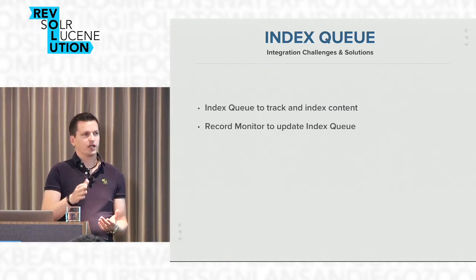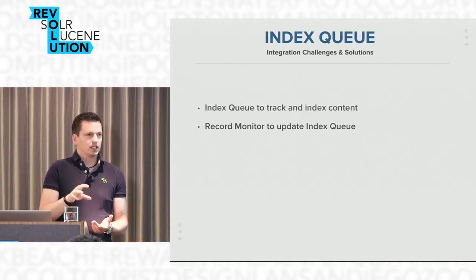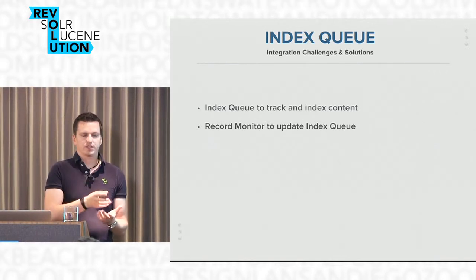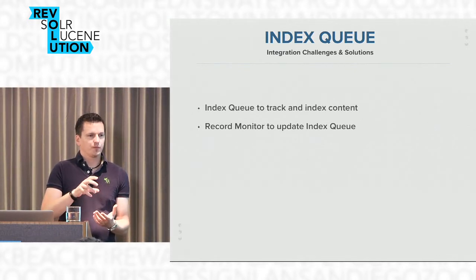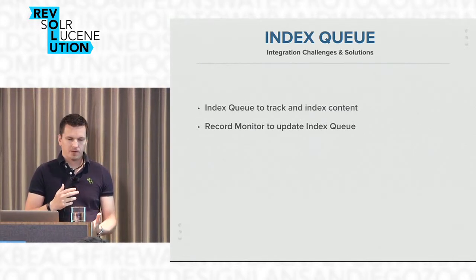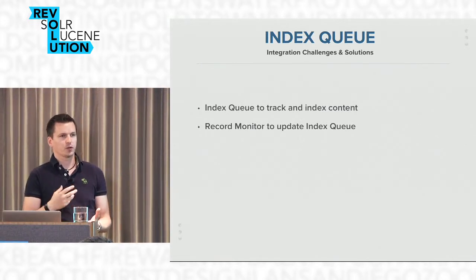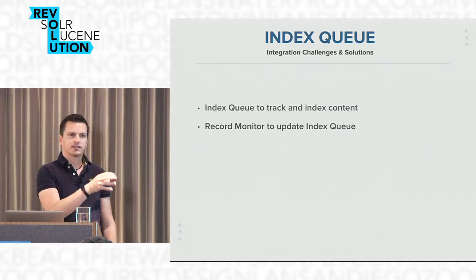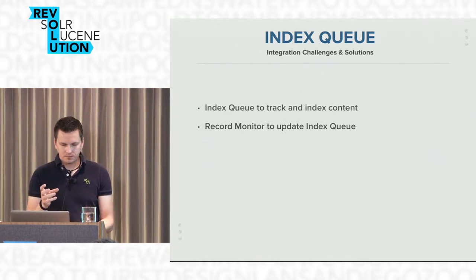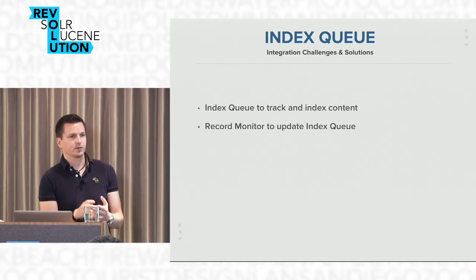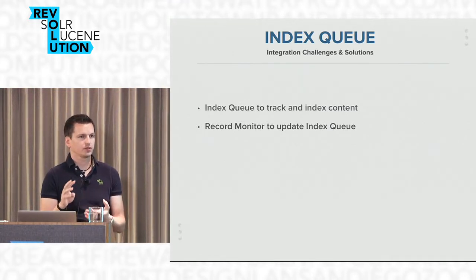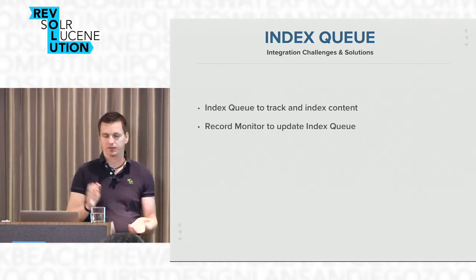And you just watch out. Hey, this is a news coming by that has been changed. This is a regular text content element that has changed. So whenever something comes by that you need to track, you add it to the index queue, and then you have what we call the scheduler, basically cron, that works the index queue, sees, okay, this is a page that needs to be indexed, this is a news that needs to be indexed, and so we have a specialized indexer for pages and a more general purpose indexer for the regular records like news, FAQ, whatever you want.